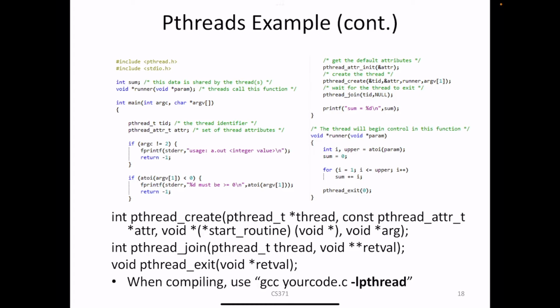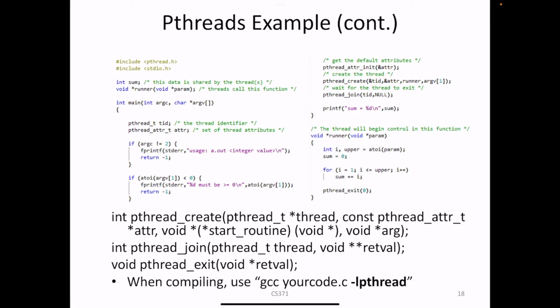In order to use a pthread, you need to define a function called runner, and you have to exactly follow the format of this function, otherwise it cannot be used by pthread. This function has to be a void pointer type function and accept only one parameter, which is of void pointer type.